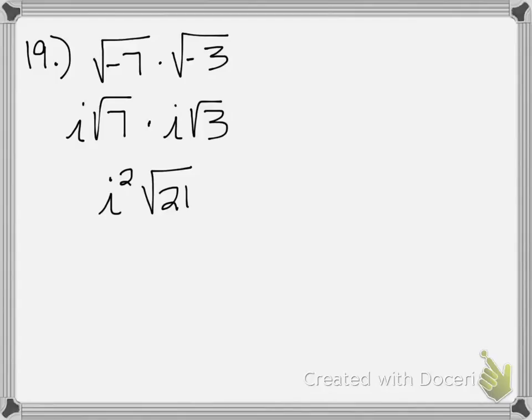Okay, we haven't dealt with an i squared yet. And now's the opportunity to deal with the i squared. Because guess what? That's not our final answer. i squared can be simplified. And you're thinking, how can i squared be simplified? Well, remember that i equals the square root of negative 1.